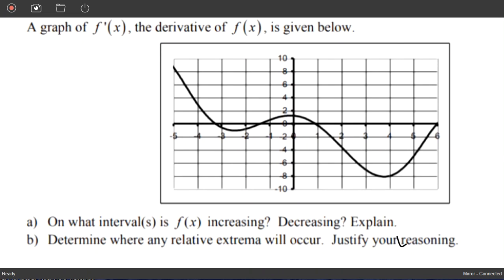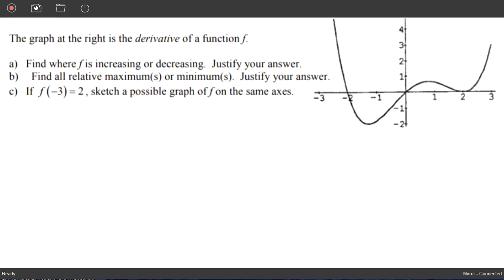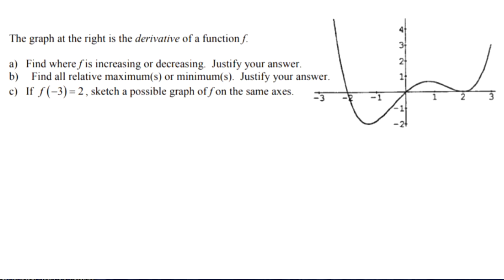All right, so let's go on to the next graph. Similar situation here. We're going to be determining the maximums and minimums. And so this says find where f is increasing. And so f is going to be increasing anywhere that your derivative is positive.